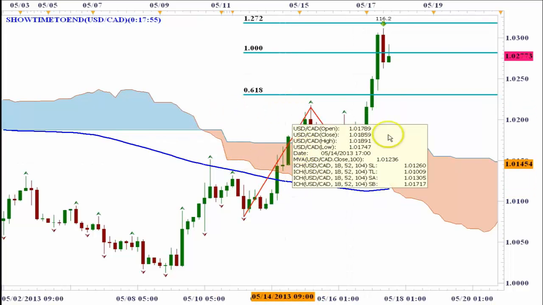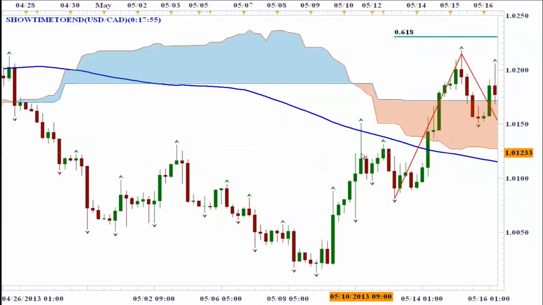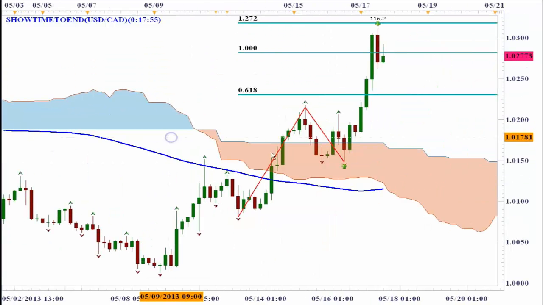Okay, so we got into the market right here, and we're looking at the 1-to-1 ratio. So if it's a 1-to-1 ratio, this move from here to here, the next move should be 100% of that move. So from here, where this last low was right here, fractal level, the market's going to go to this 100% level.